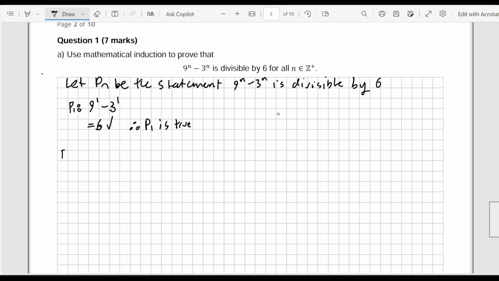All right, let's do Pk now. Assume that 9 to the k take 3 to the k is divisible by 6, for some positive integer k. So k is in Z plus, it's going to be a positive whole number.